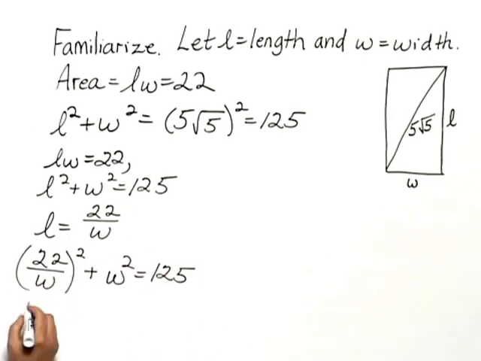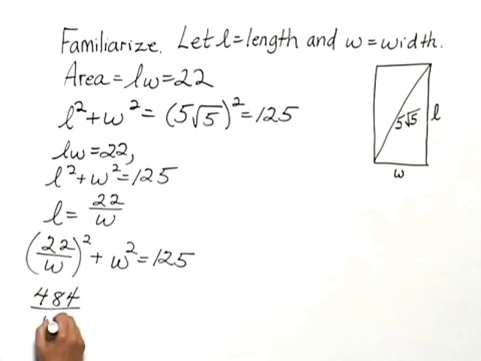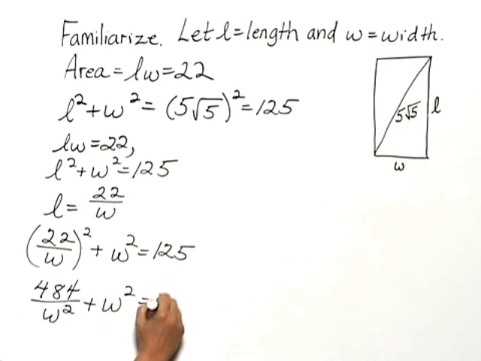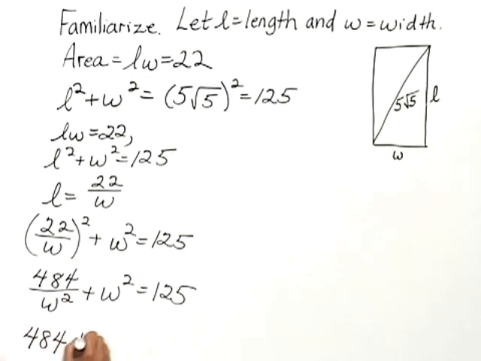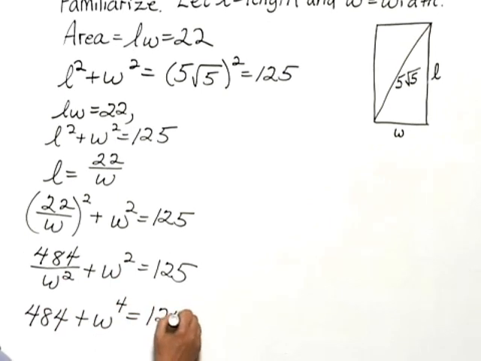Squaring here, we would have 484 over W squared plus W squared equals 125. And then multiplying everything by W squared, we have 484 plus W to the fourth power equals 125 W squared.